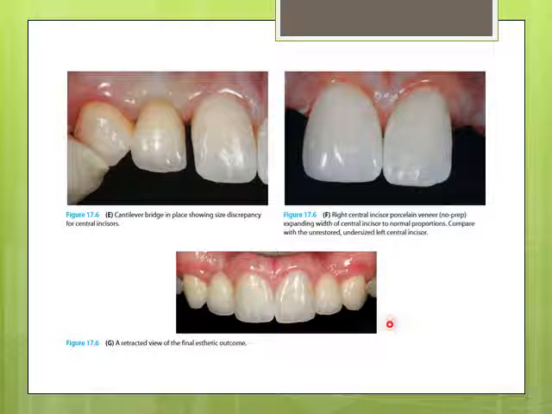As you can see here, the space and the insertion of the right central non-prep porcelain veneer, and then the final result is very pleasing. You can see the decrease in length of the zenith of the canine.